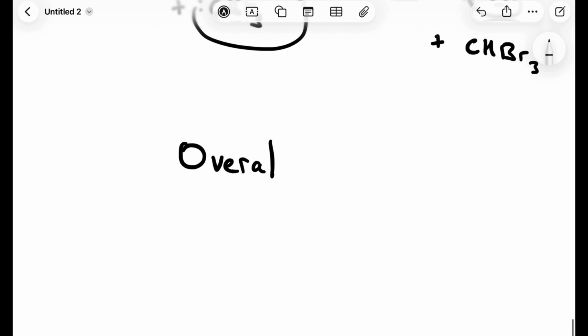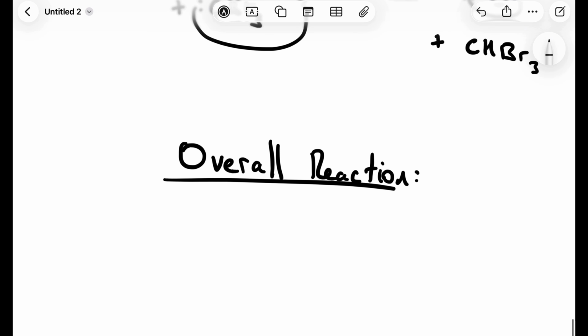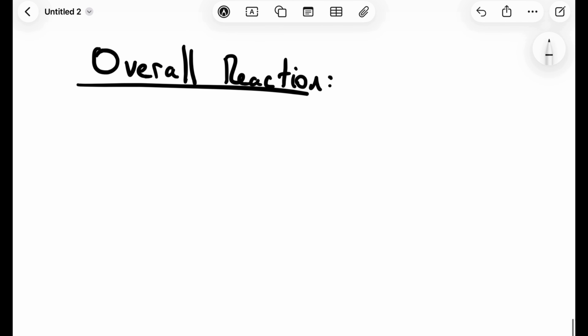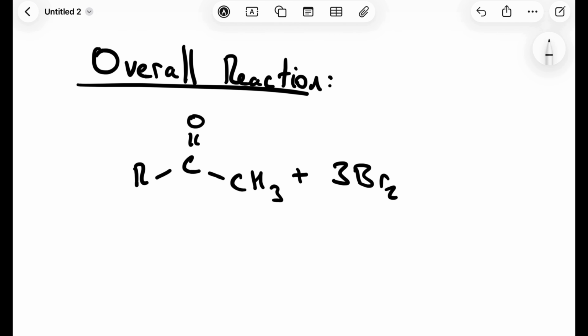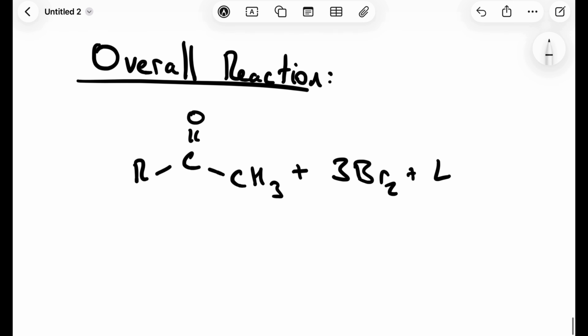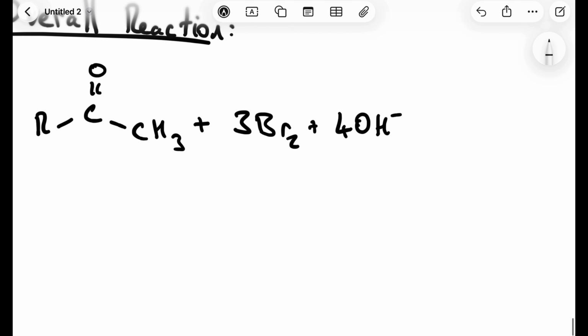So to summarize, we can have our overall reaction. We're going to start off with that methyl ketone. And then if you were counting, 3 molecules of halogen and 4 hydroxides, which is going to form a carboxylate.